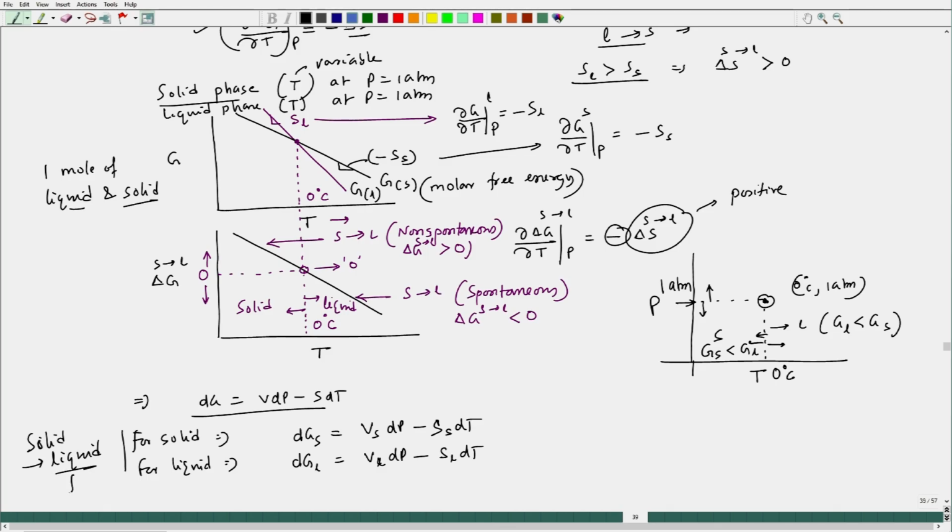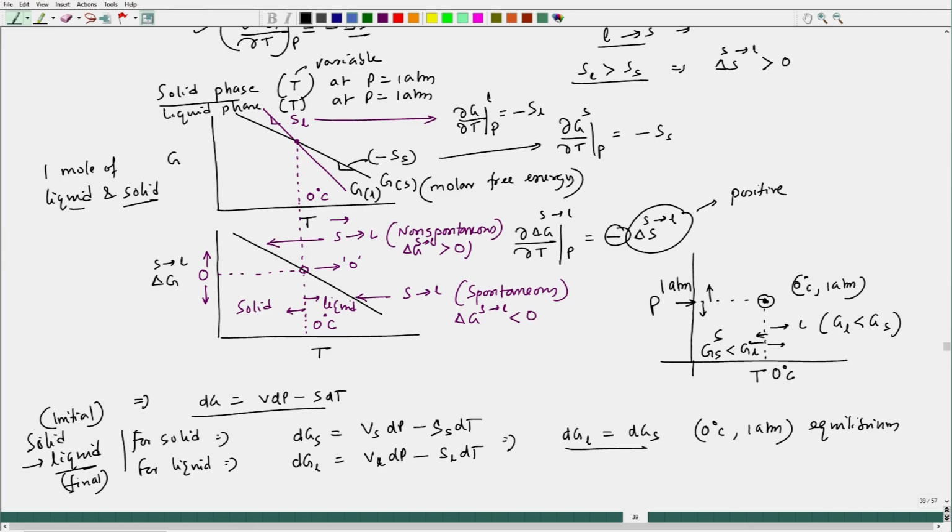So, that means liquid is the final state and solid is the initial state. So, then from this I can take delta G L equal to delta G S. Let us say it is at 0 degree Celsius and 1 atmosphere pressure, fine. So, that means it is under equilibrium, no? Equilibrium.